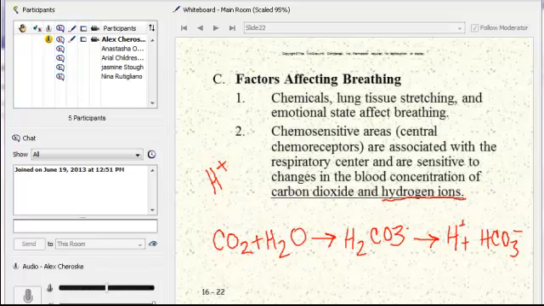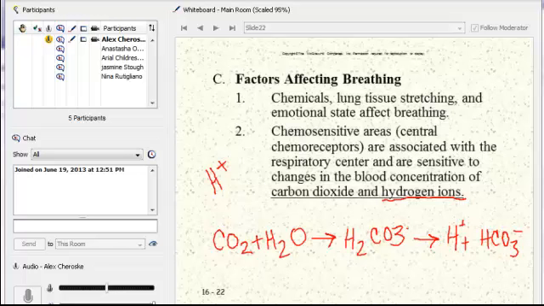So what that means is, as our cells are generating carbon dioxide, that carbon dioxide combines with water, very temporarily forms carbonic acid, and then that carbonic acid releases a hydrogen ion and a bicarbonate ion. So the more carbon dioxide we have going into our tissues, like when our muscles are working, the more acidic those tissues are becoming. Okay? And the more acidic the blood can become as well, because we're loading that carbon dioxide into the blood.